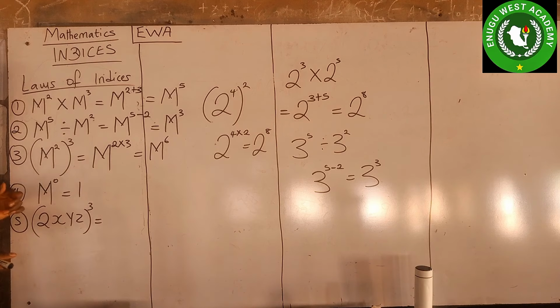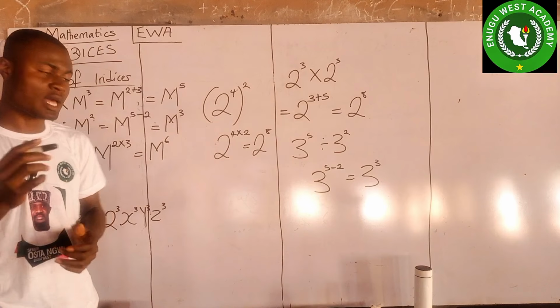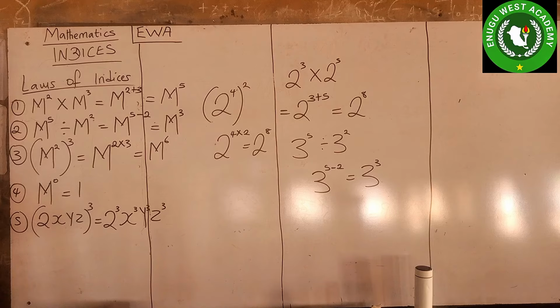Once you open this bracket, everything inside the bracket shares in this power 3. So you are going to have 2 raised to power 3, x raised to power 3, y raised to power 3, and z raised to power 3. So we call it the product power law.